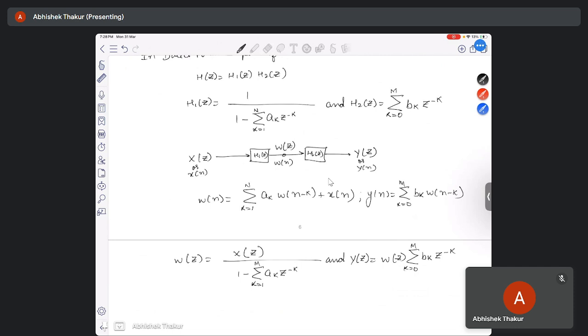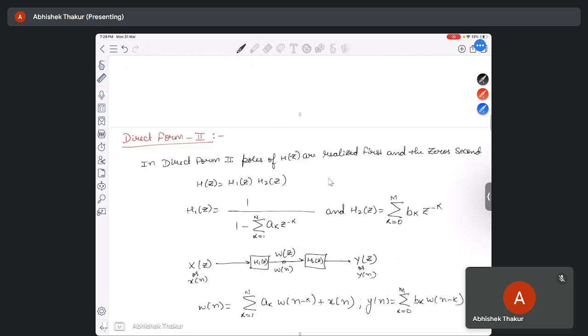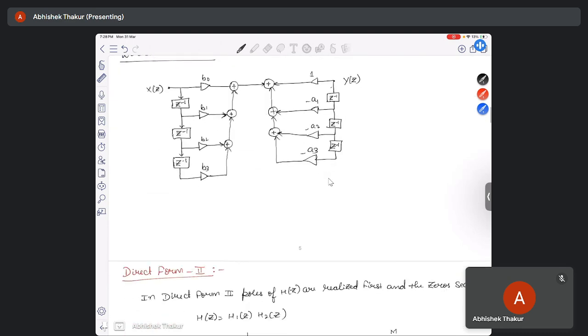So the direct form 2 realization requires only the larger amount of storage elements, so we will see how. How many storage elements are required in direct form 1?